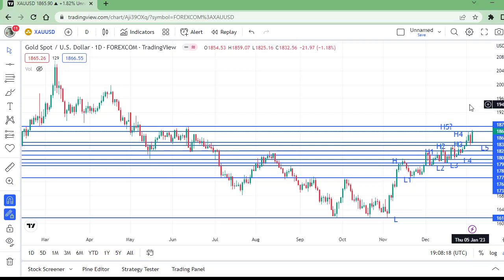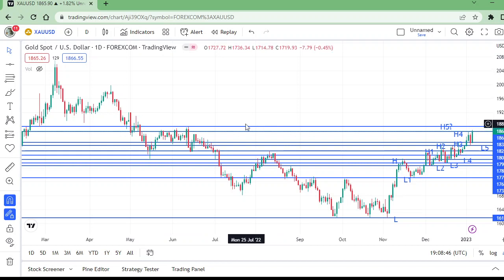But what do we expect? This is the bullishness, and this is very high momentum of the trend, upward trend. So it is expected that this will be broken. What happens, we will know later.